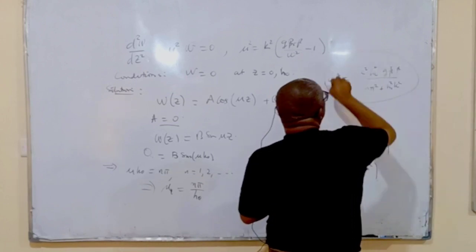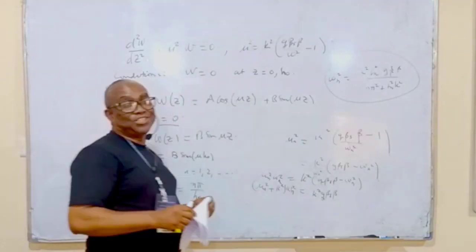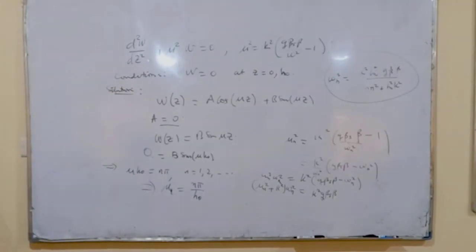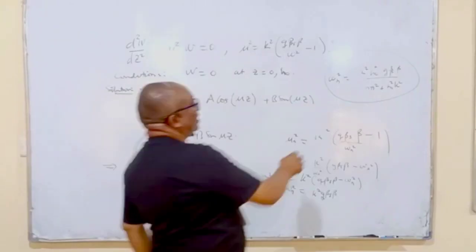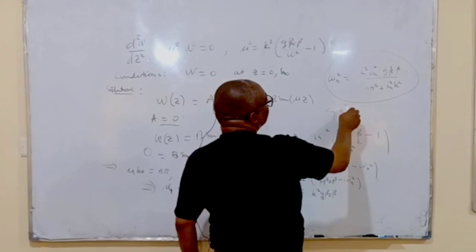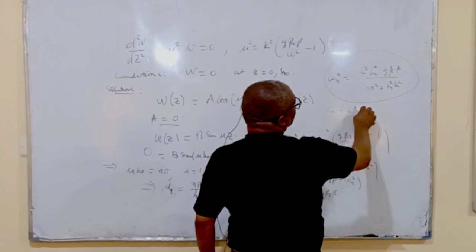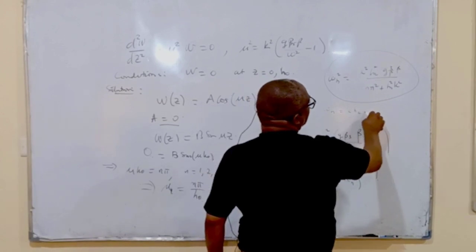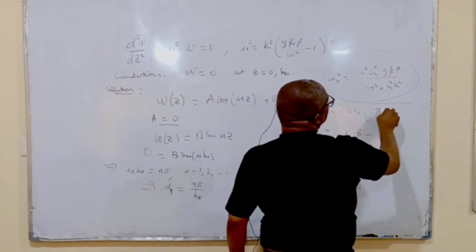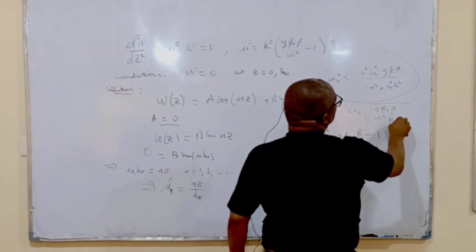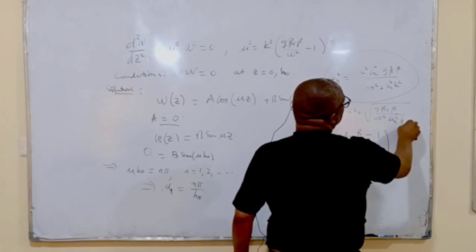This is now our dispersion relation, which is the key entity in the development of waves. So you can take the square root. Your omega n will be k h0 square root of g beta s beta over n pi squared plus h0 squared k squared.